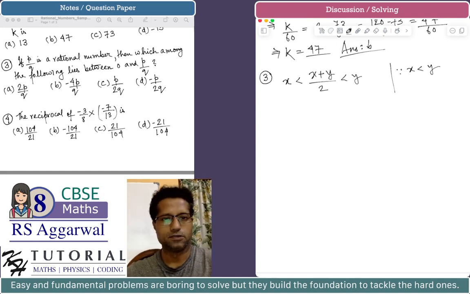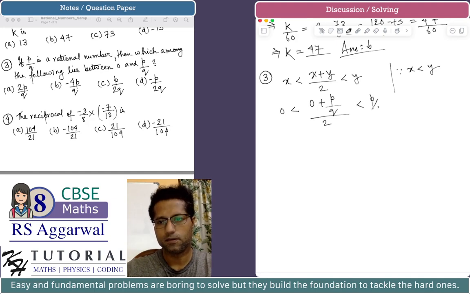So in this problem, we have P by Q and 0, both rational numbers, and it is asking which among the following lies between 0 and P by Q. So definitely the rational number that will lie between 0 and P by Q will be 0 plus P by Q divided by 2. So now what is this?